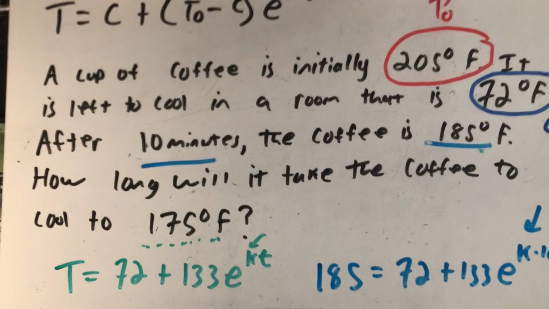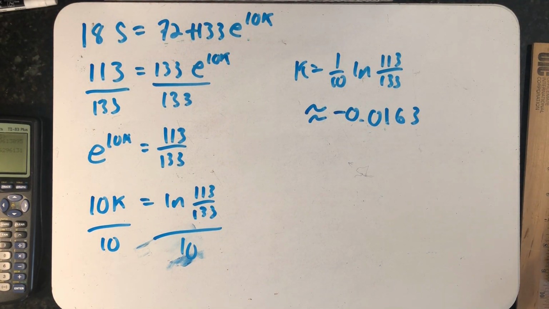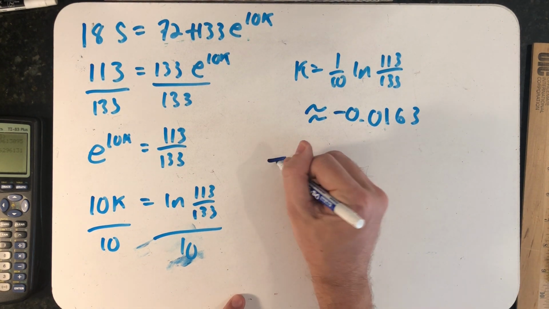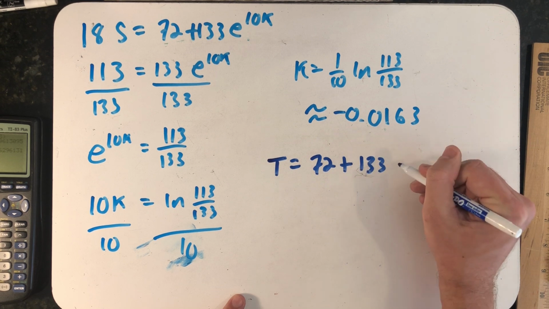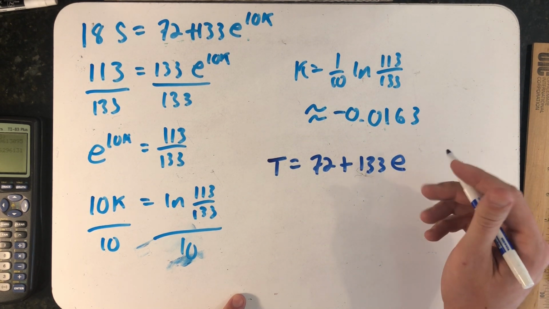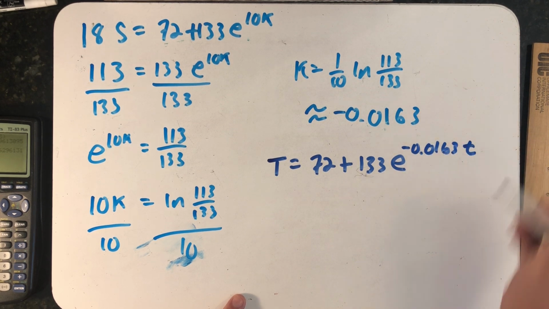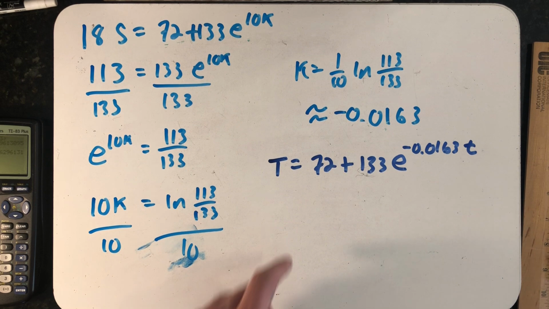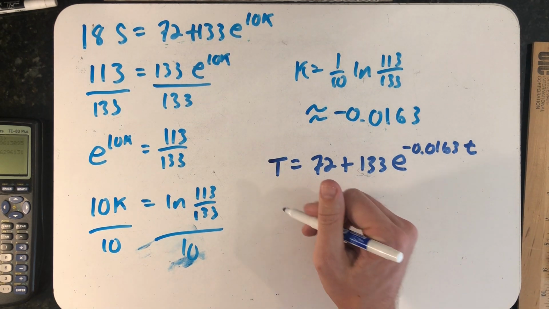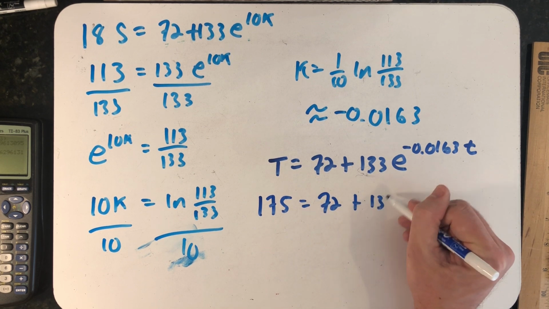So what we have now is something to plug in for k so that we have the model for temperature. T is equal to 72 plus 133 e raised to this value of k, minus 0.0163 times t. Now I'm asked, how long will it take the coffee to cool to 175 degrees Fahrenheit? So I can plug in 175 and solve this time for t.